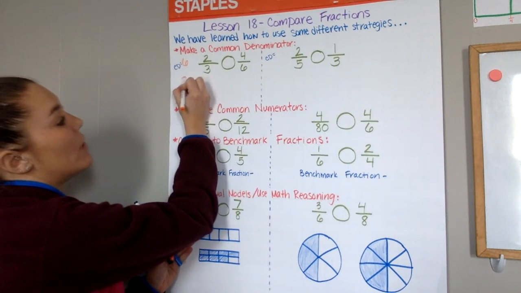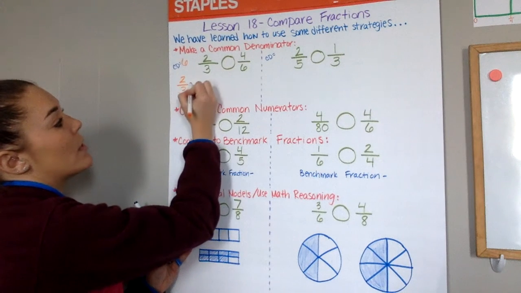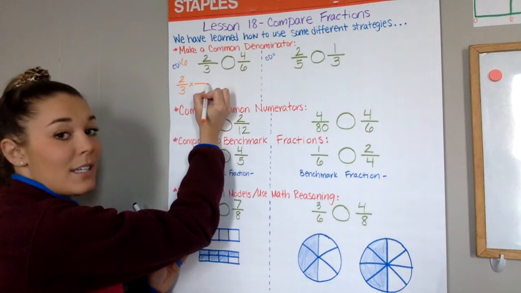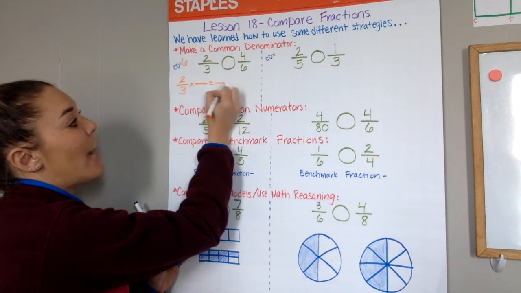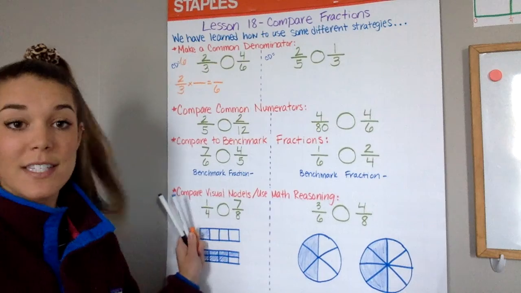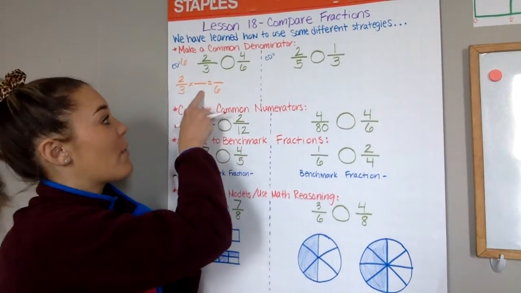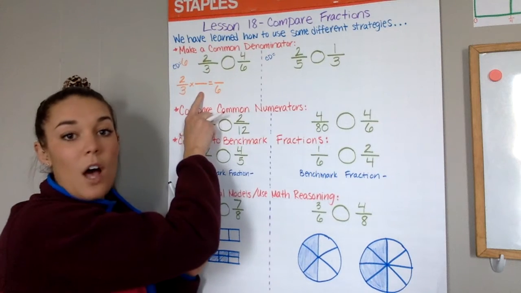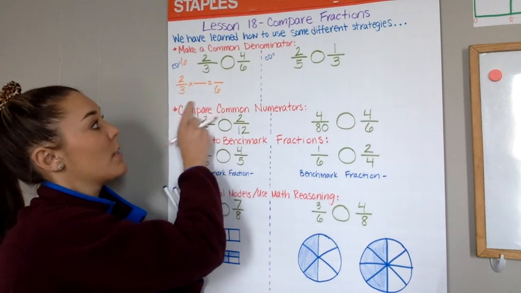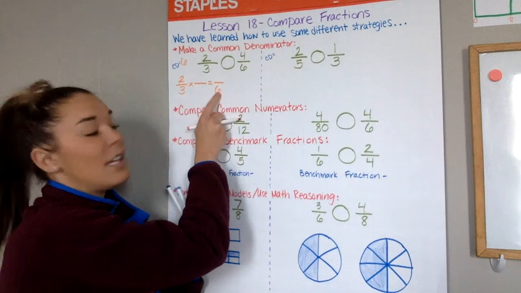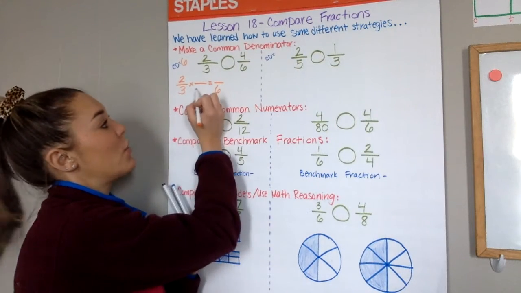I'm going to rewrite it underneath. 2/3 times what is going to give me an equivalent fraction with the denominator of 6? Now I set up my puzzle. I have a missing piece of the puzzle here that will be easy to solve because I know these two pieces. So 3 times what equals 6? 3 times 2 equals 6.